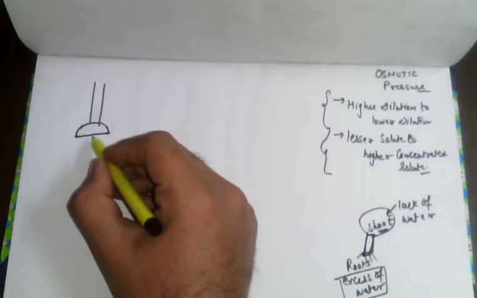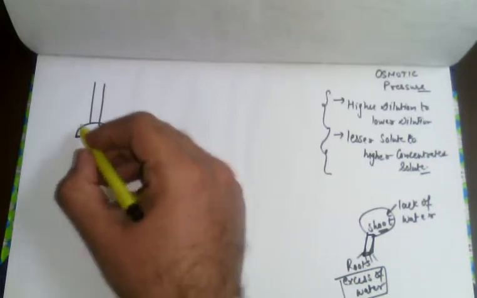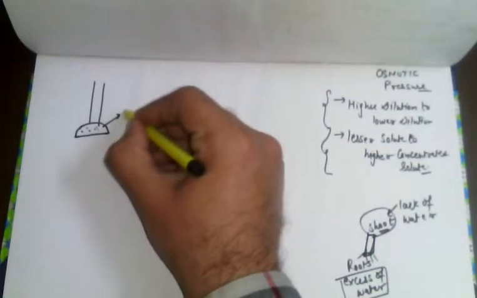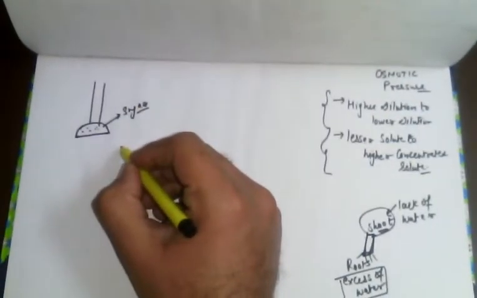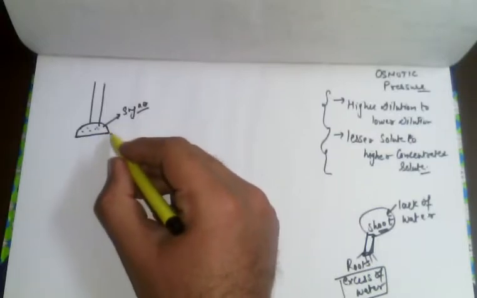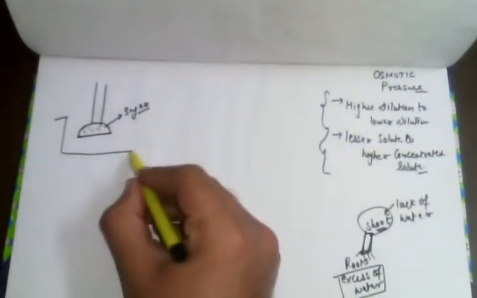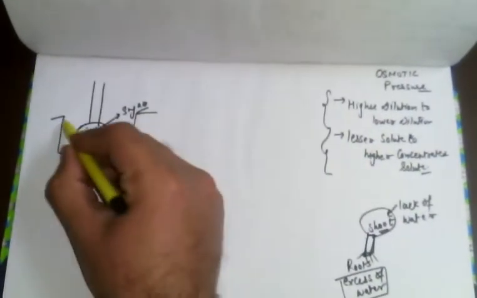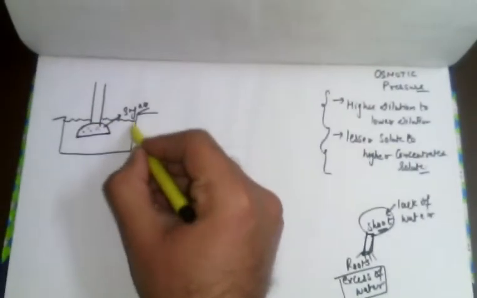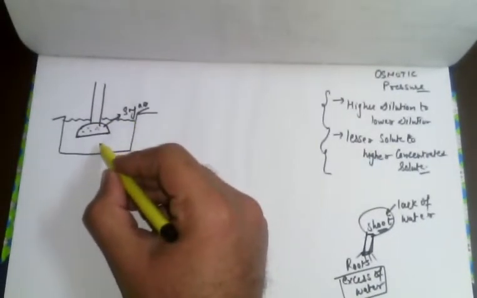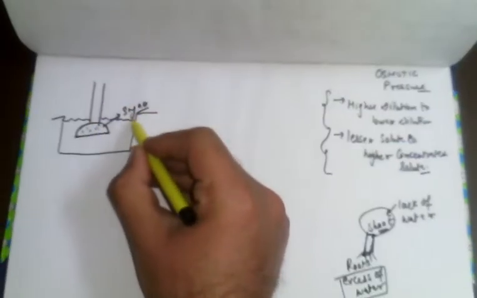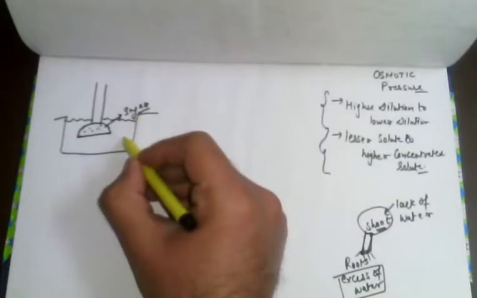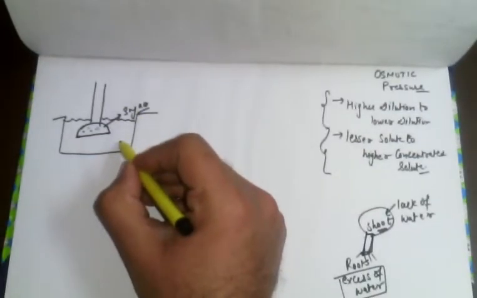I fill the funnel with the sugar solution, and lower this thistle funnel in a beaker having some water. So what we will observe, inside this thistle funnel there is excess of sugar, but in this beaker we are having lack of sugar.